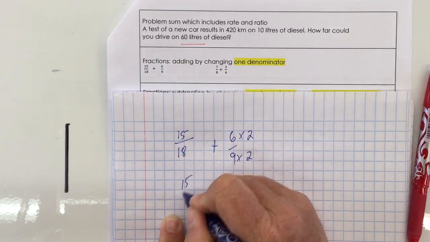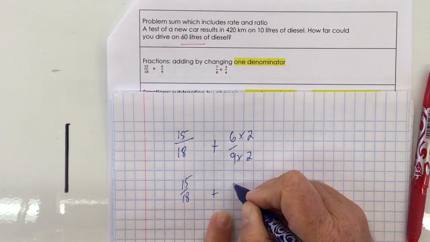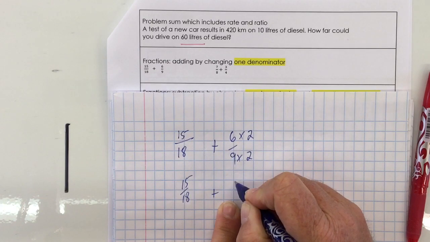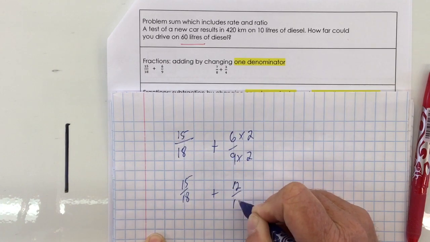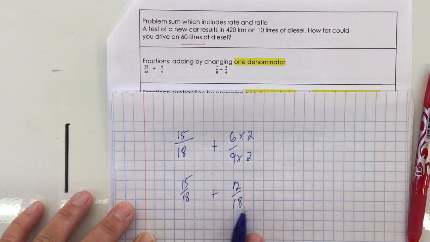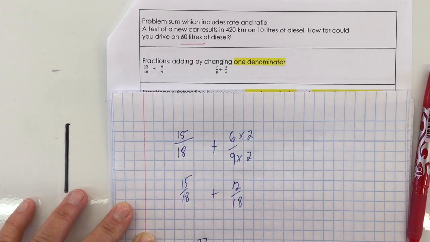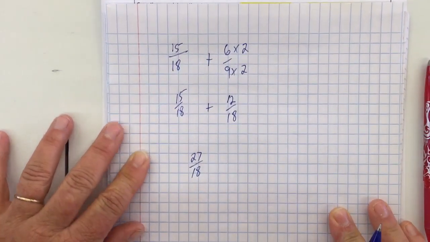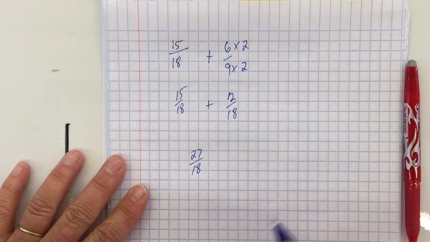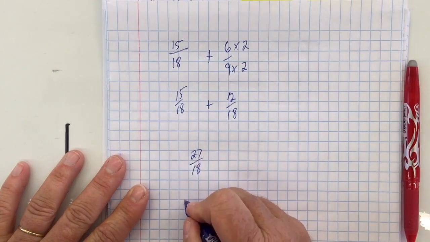From there, I'm going to have 15 over 18 plus, okay. Now I've got 12 over 18, my denominators are the same, I'm allowed to add, and when I add, I get 27 over 18. Very, very important now, I must get rid of my improper fraction. 18 goes into there one whole time.